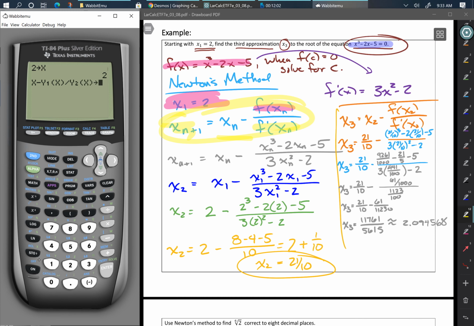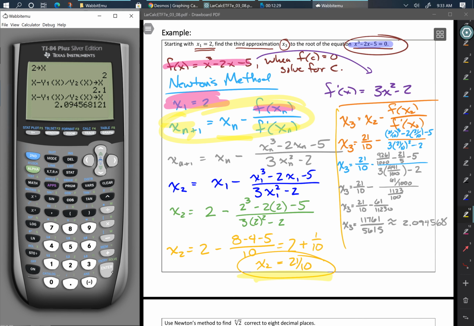And then I'm going to store that value back into x. And what that line is essentially going to do is calculate Newton's method, get an answer, and plug that back into x. And it got 2.1, which was our first approximation. Not technically the second approximation, but it was the first one that we calculated. It's x sub 2. And now if I press enter again, it's going to give me x sub 3.